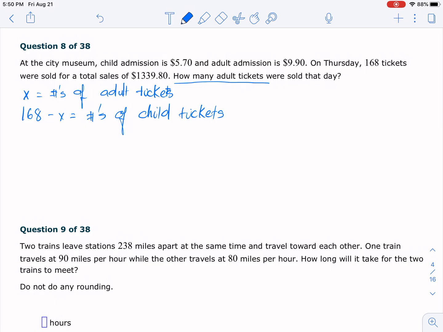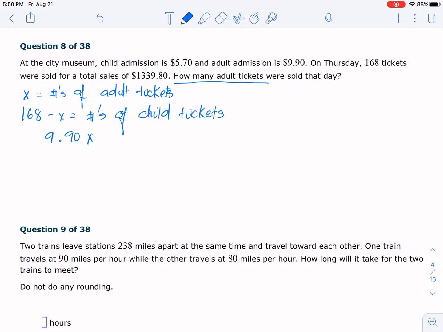By the way, this is the process of application problems. First, we assign the unknown, we come up with a variable, and then we're going to come up with the equation, and then we solve for the equation. So the adult admission is $9.90. So we have 9.90 times x.